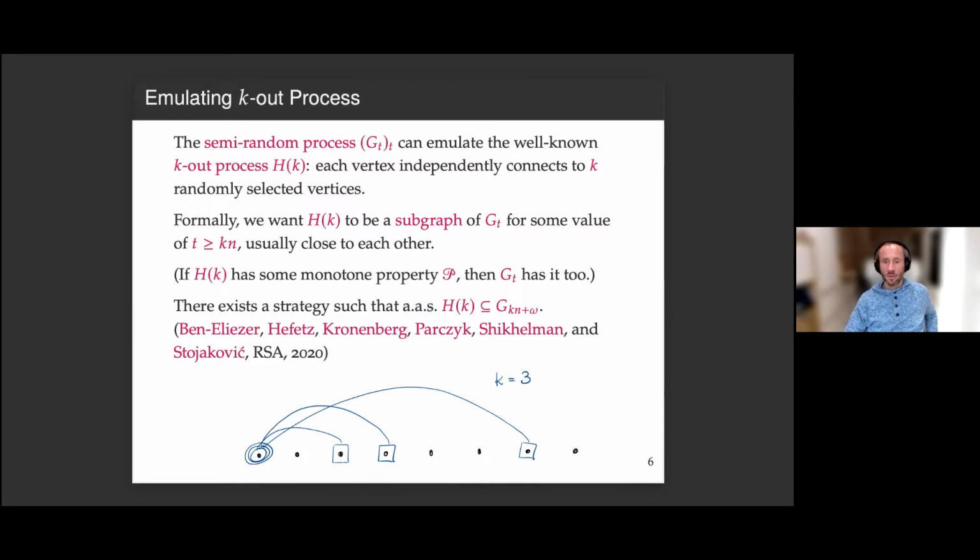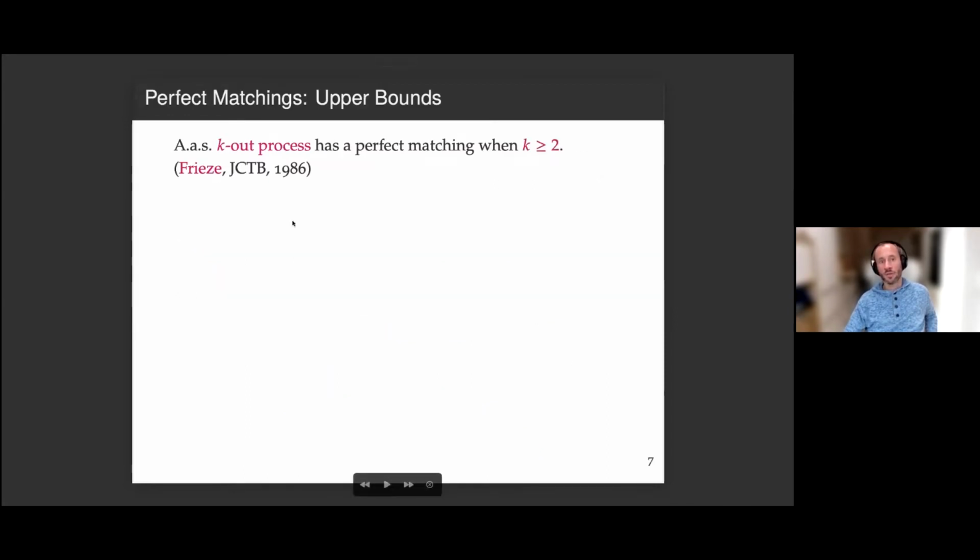And why do we do that? Well, because, for example, Alan Frieze proved, a relatively long time ago, that the 2-out process has a perfect matching if you send 2 edges at random from each vertex. If you send only 1, it's not enough, but I guess we don't need that for our purpose.